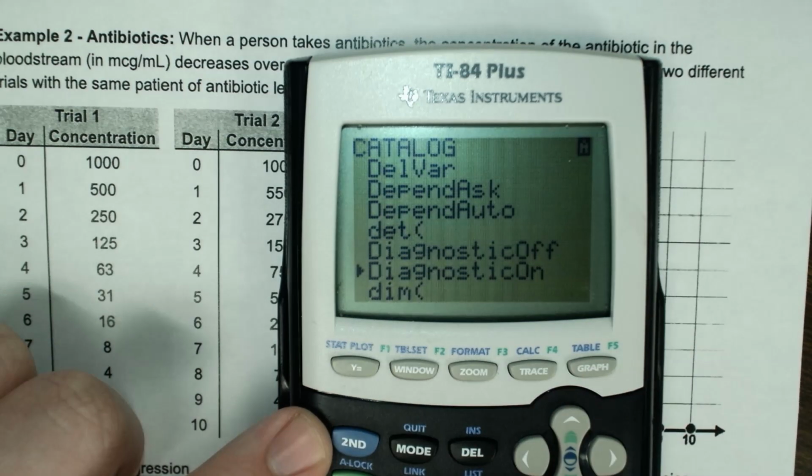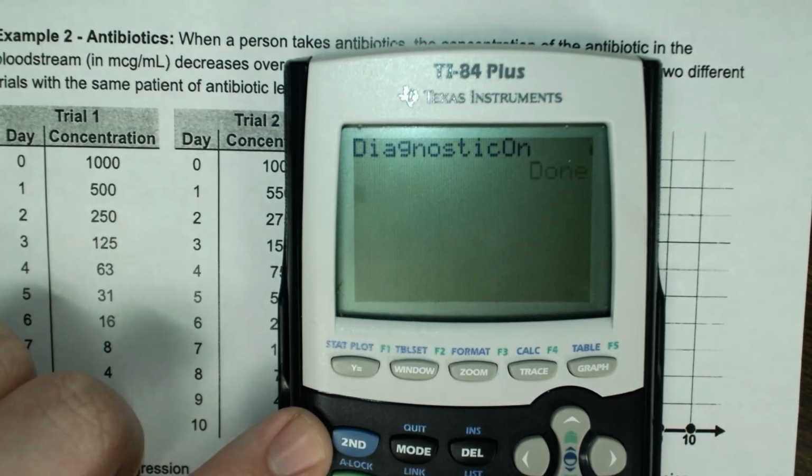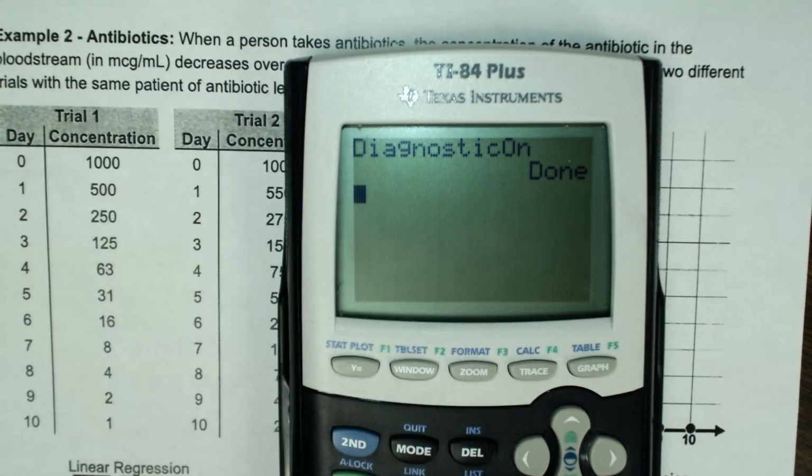Find diagnostic on, hit enter, and enter again. It'll just say done. That is us just flipping a switch on our calculator saying, hey, when we run a regression, tell us how well that model fits.